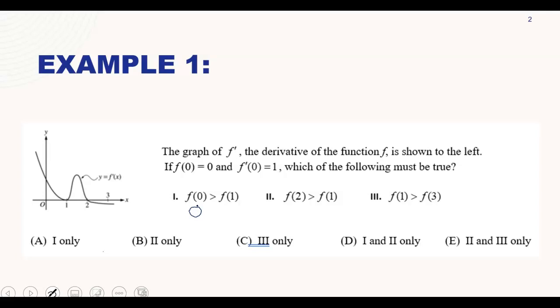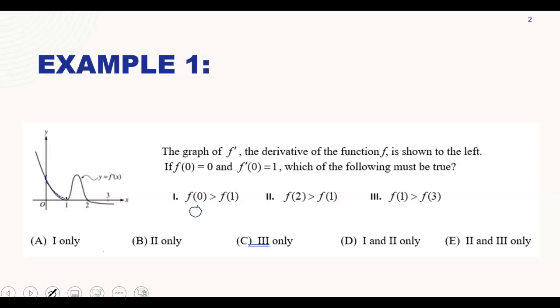It is a potential extrema. Then we also want to look at what's happening to our derivative graph. The derivative graph from 0 to 1 is decreasing and positive.